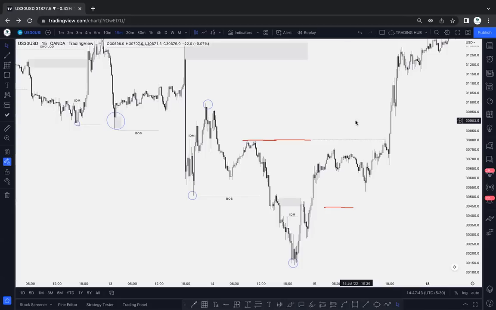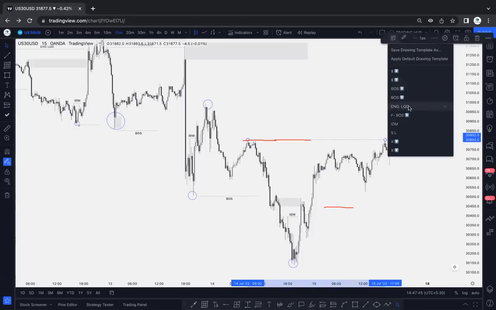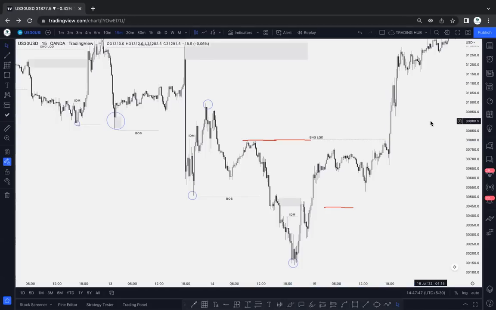Mr. Khan, this is a problem for me: after IDM, I reach this zone, this order block. And this is my limit, because if price goes up, there is a high probability to reach it, and sometimes I remain locked in this zone.